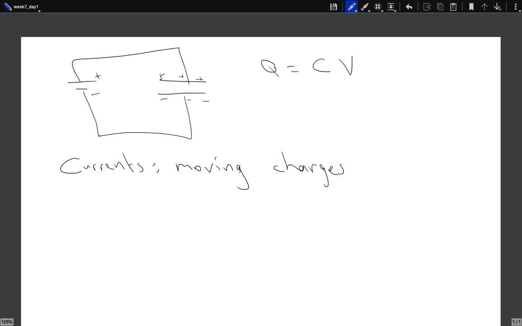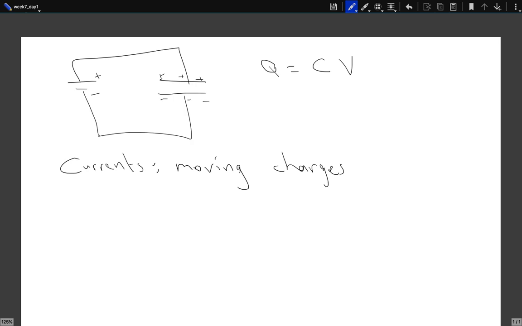We are no longer in the domain of electrostatics. If you remember, up to this point we were studying electrostatics, such that in the systems that we studied, no charge is moving. Now we are allowing the charges to move around.